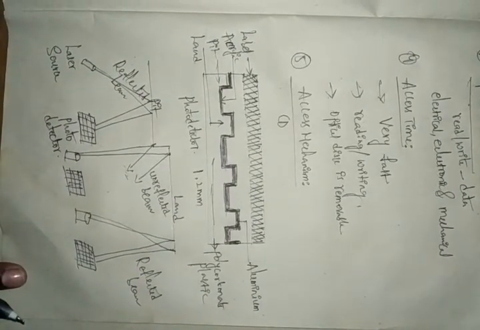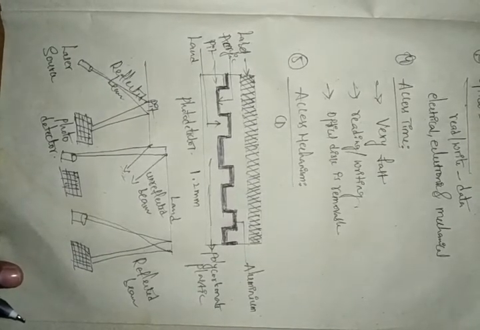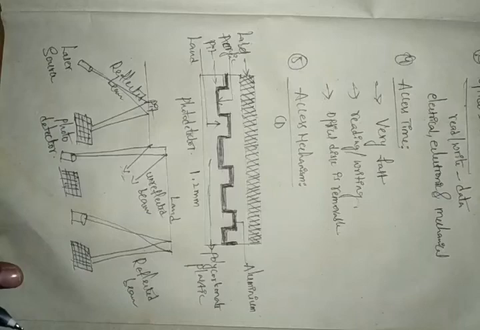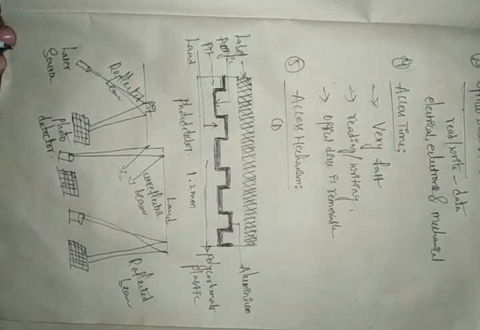Here the access mechanism can be performed like this. The laser beam takes the source and encounters the pit to land, and whenever there is interference, the beam reflects back smoothly.